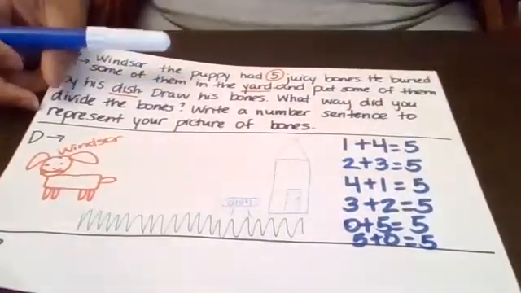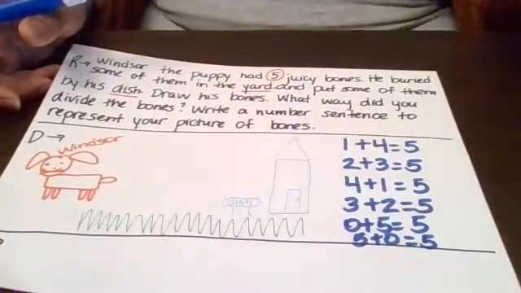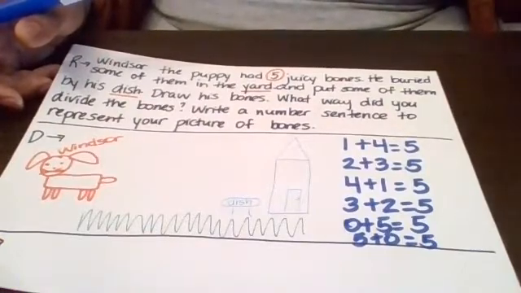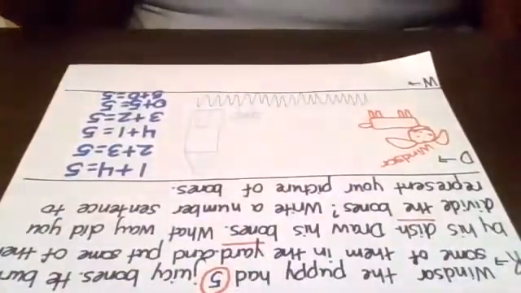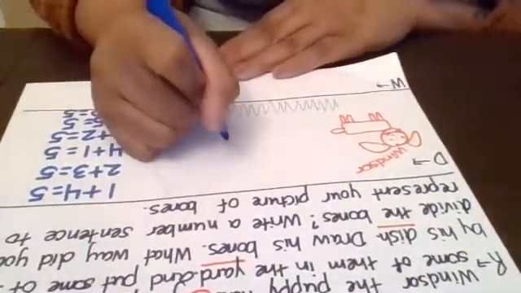Remember, parents, we want to give them the two numbers flipped in the order that they come, because we don't want them to get confused when it is time for them to sit down and actually do a fluency drill. Okay, so I am going to divide my bones up, and then I want you to tell me how I've divided my bones up.